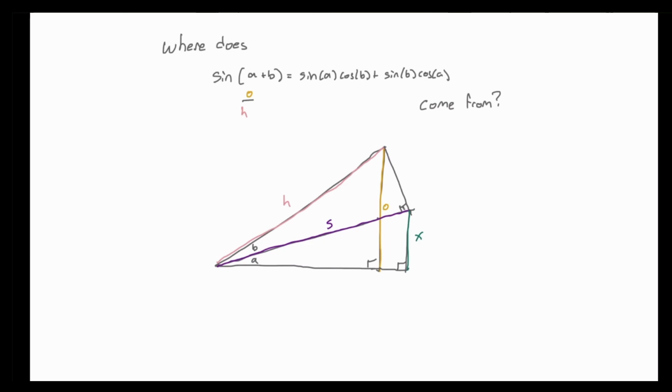So let's look at sine of A, which should be X over S. Okay, that's fine. But what about the cosine of B? Cosine of B also relates to S, and the adjacent side is now S, and the hypotenuse is this H that we're interested in.